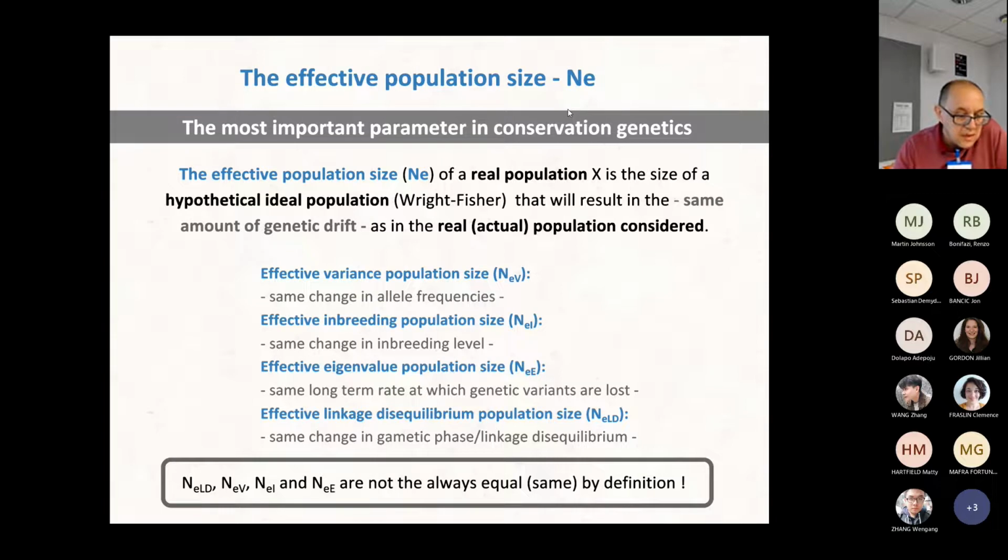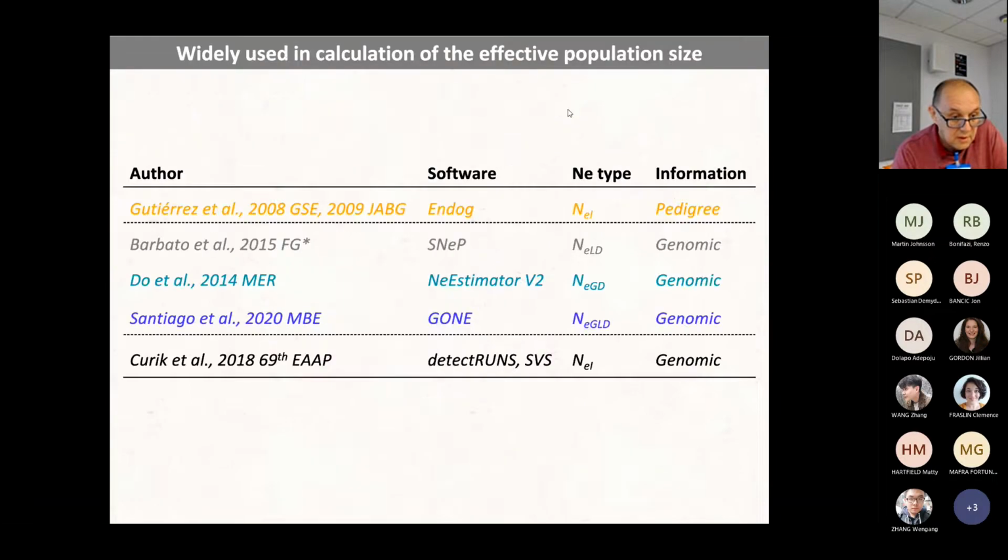We can also speak about change in the gametic phase or linkage disequilibrium, which I would call the effective linkage disequilibrium population size. All those coefficients are under many circumstances quite equal and comparable, but not under all instances. Sometimes they can vary because they are measuring a different rate of drift. Everything is drift, but specifically different rates of drift.